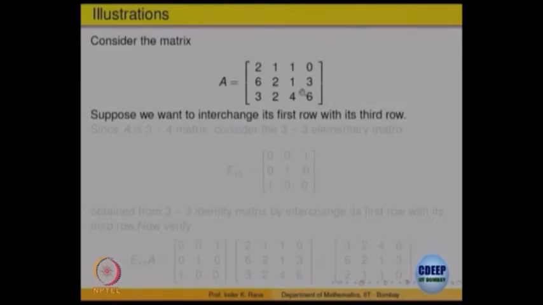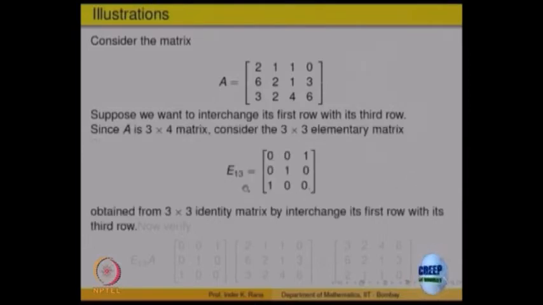So, A is the matrix, we want to interchange its first row with the third row, pick up the corresponding elementary matrix, right. So, what should the corresponding elementary matrix be? It should be E13, right. That means, in the identity matrix of order 3 cross 3, 3 is the number of rows, I have to interchange the first with the third one. So, when I interchange, this is what E13, the elementary matrix, will look like.